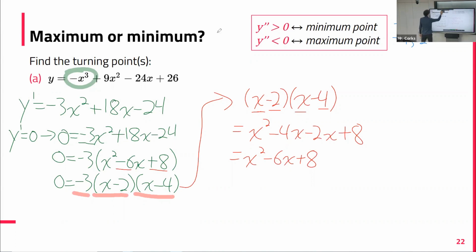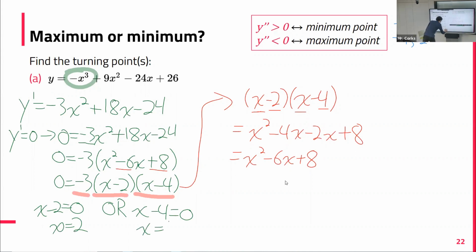So the only possibilities then are that x minus 2 equals 0, or x minus 4 equals 0. So x equals 2, or x equals 4. So those are 2 possible turning points.